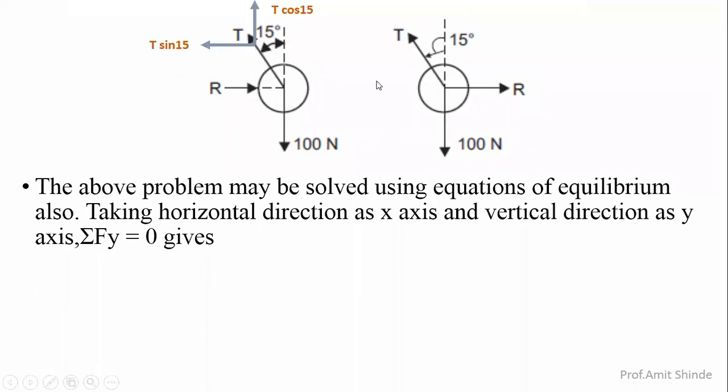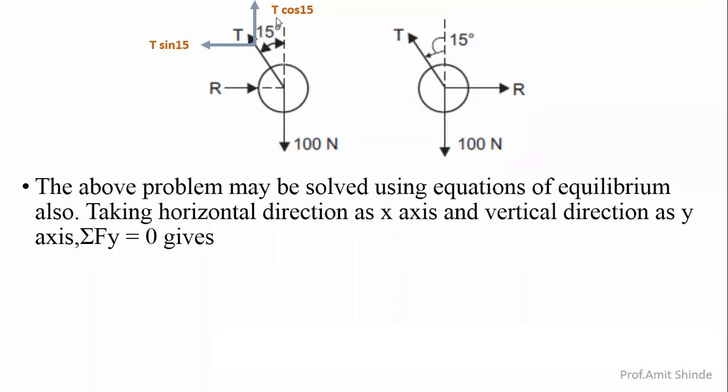Now if we resolve this force, the T force is resolved into two components, vertical and horizontal. The vertical component makes an angle of 15 with the vertical, that's why T cos 15, and the horizontal component will be T sin 15. According to the equilibrium condition, the summation of all vertical forces is equal to 0.